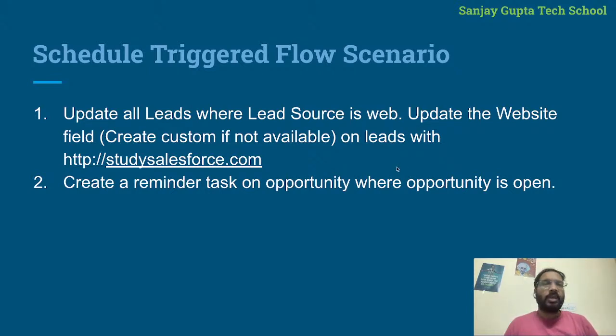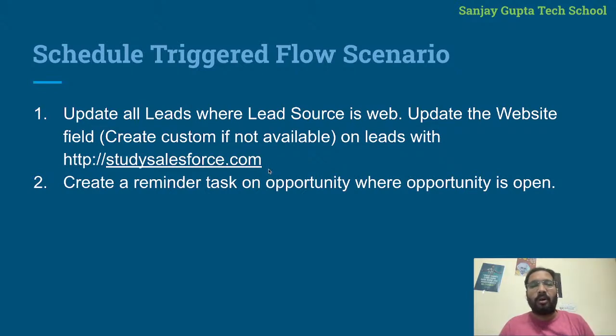You can take this example in such a way. For example, you are running a business and on a daily basis you are creating some lead records, and at the end of the day, let's say every day at midnight, you want to check whether lead source is web for the leads. If it is web, like you are using a particular website for lead generation, you can just store that website name on all the records.